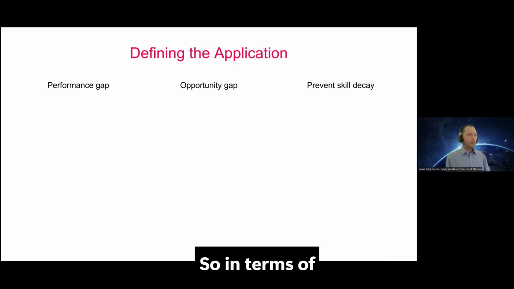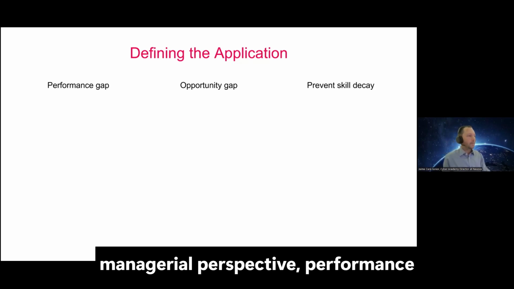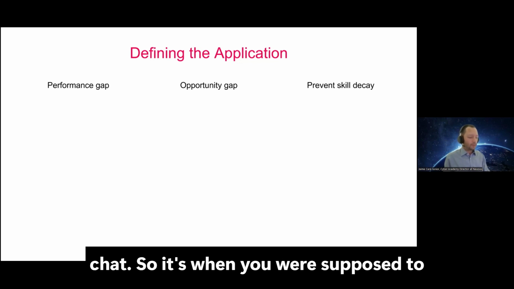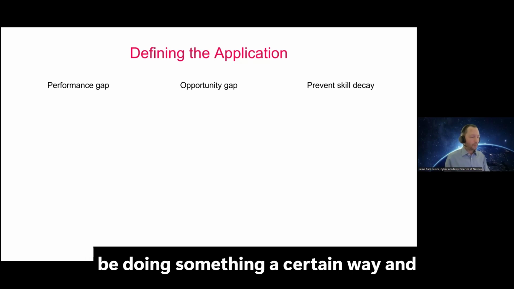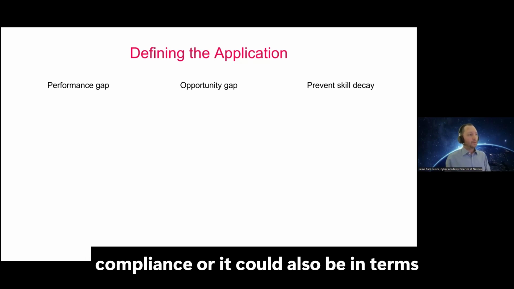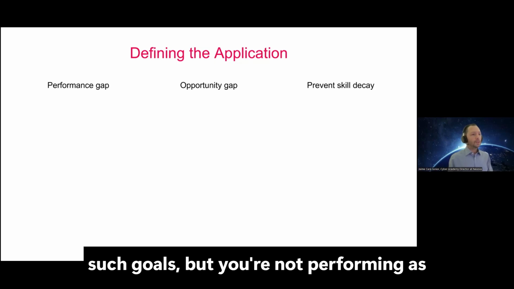So in terms of governance, and from a more managerial perspective, performance gap is more or less what you read in the chat. It's when you were supposed to be doing something a certain way and you're not. So it could be in terms of compliance, or it could also be in terms of result. So you had such and such goals, but you're not performing as well.